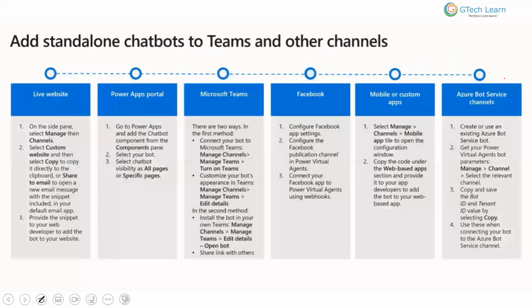Whenever we are creating a chatbot, there are multiple ways to create it. The first one is we can directly go to the Power Virtual Agents portal, and from the portal itself, I can create a chatbot. The second way is we can create it from my Teams environment. Inside Teams, there is an option for adding an app.